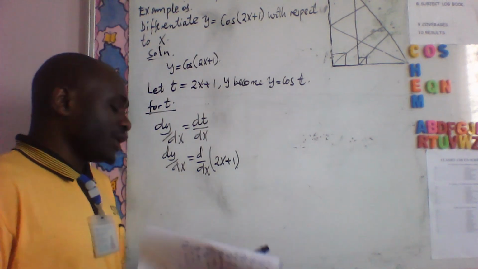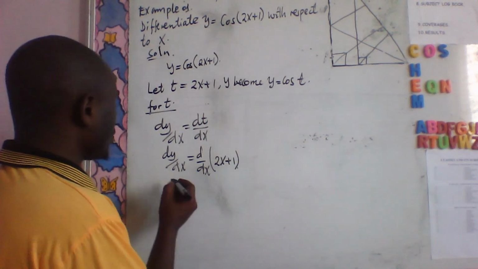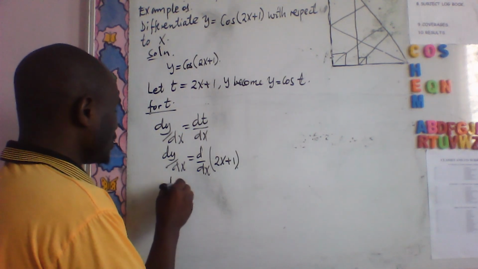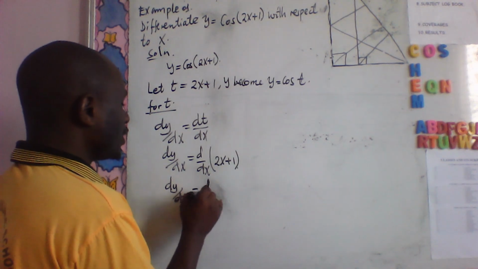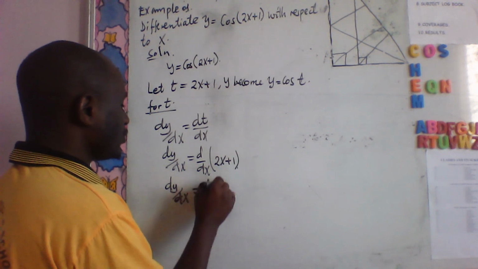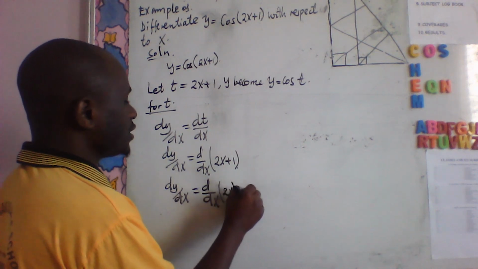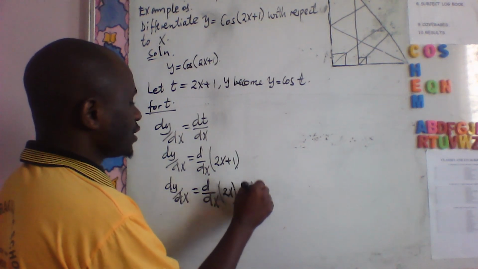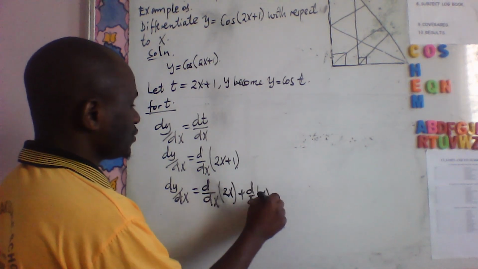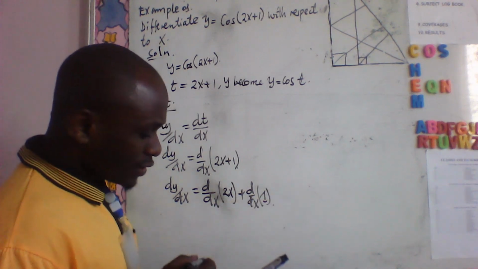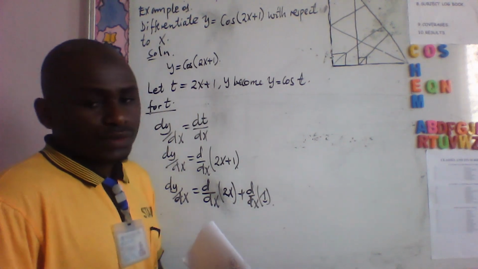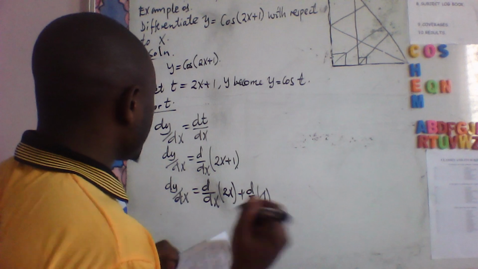As normal, we proceed with the differentiation here. So we have d over dx of bracket 2x plus d over dx of 1. Any number power 0 is equal to 1, so differentiating a constant gives 0.